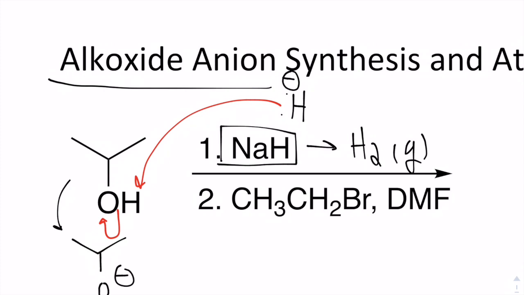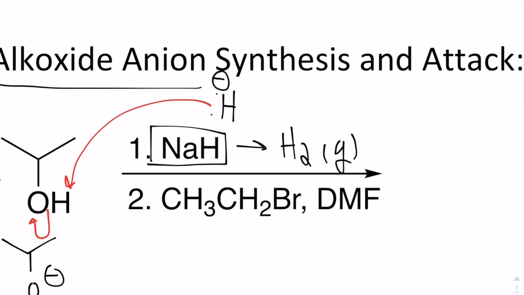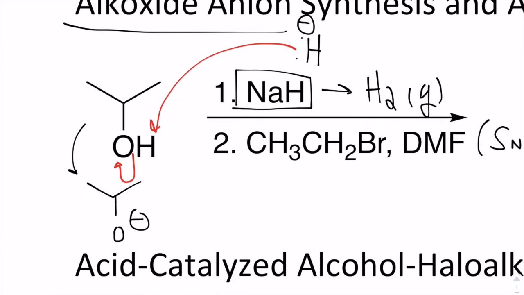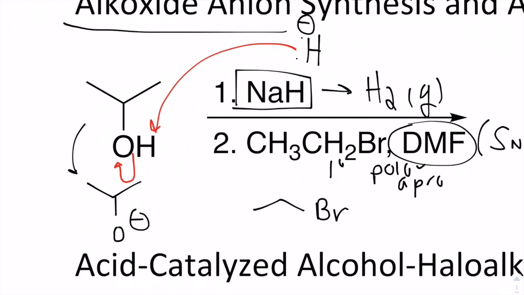Now that anion is sufficiently nucleophilic to attack an alkyl halide at the electrophilic carbon and participate in what looks to be an SN2 reaction in step 2. Recall that all these chemical applications still apply, they don't go away. This ethyl bromide looks like this. If I were to classify the substitution of that starting material, that most definitely is a primary alkyl halide. We have a polar aprotic solvent like DMF, and a very strong nucleophile because it's negatively charged, so I would expect the SN2 reaction.